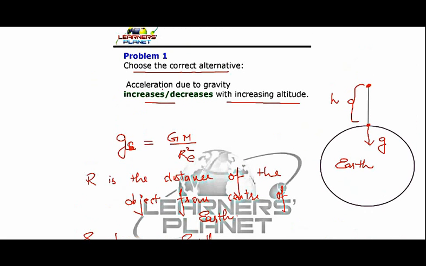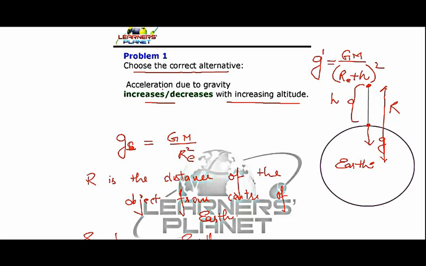So in this particular case, in this diagram you can simply write down, let me write it down over here, that the acceleration due to gravity for this object, I say g dash, will be equal to GM by r square. R is the distance from the center of Earth, that is this whole distance is our r, or I can simply write it as Re plus h whole squared.